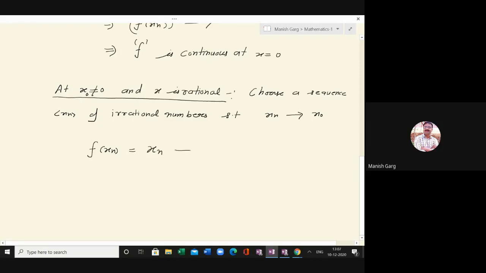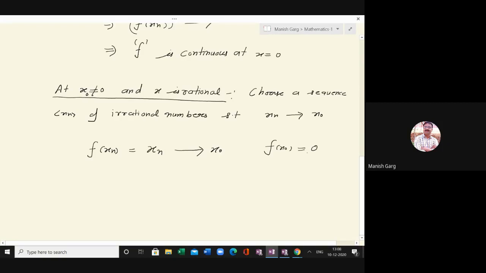It is given that this converges to x naught, and x naught is not equal to 0. What is f(x naught)? x naught is rational, and if x is rational the value of the function is 0.